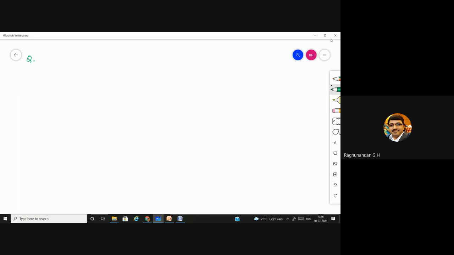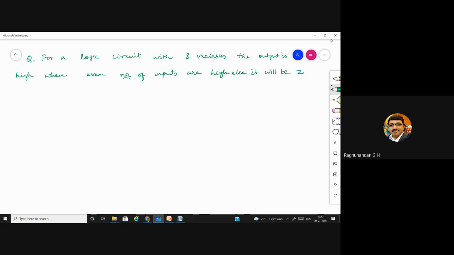What you can do is, for a logic circuit with three variables, the output is high when even number of inputs are high, else it will be 0.